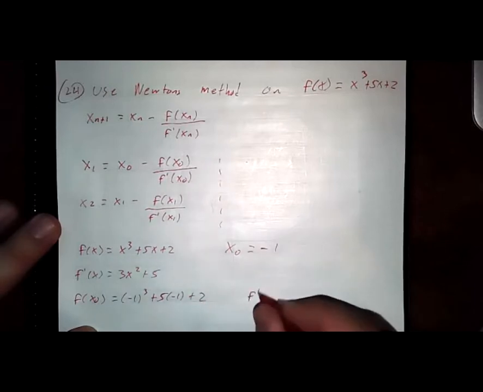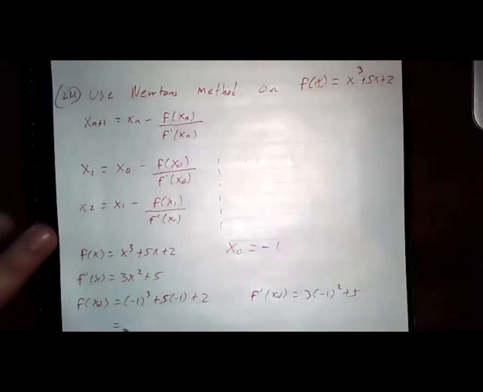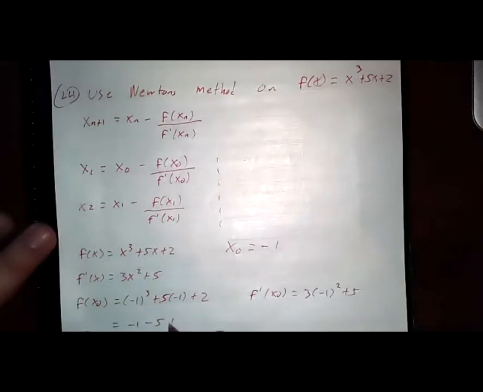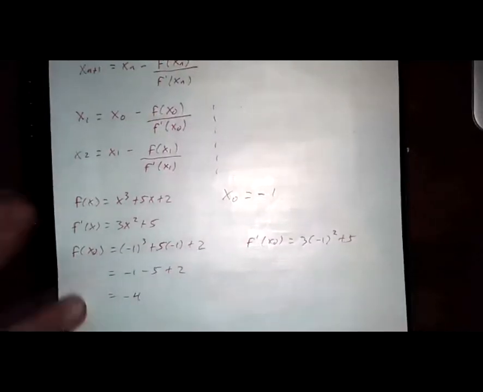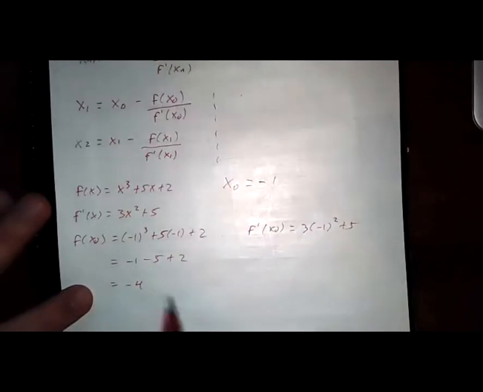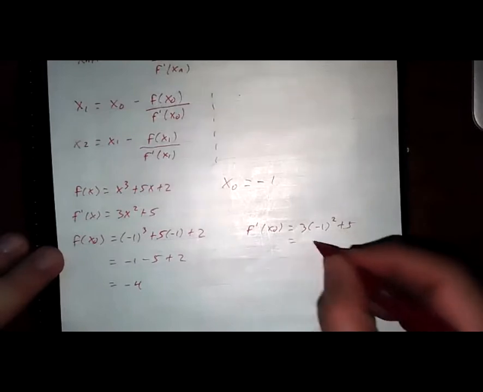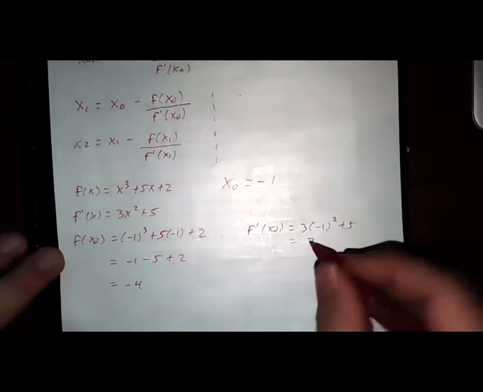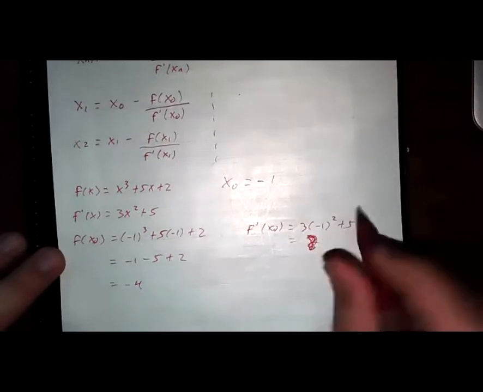And I need the derivative at x0, which would be 3 times -1 squared plus 5. So this would be -1 minus 5 plus 2, which is -4. And this guy would be 8.